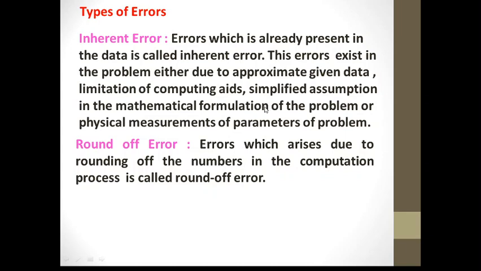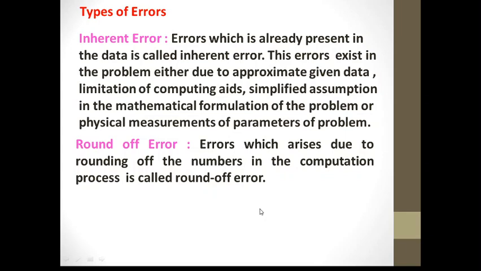Now, how do we minimize these errors? They can be reduced by using appropriate data or by providing high precision computing aids. That's how one can minimize the inherent errors.